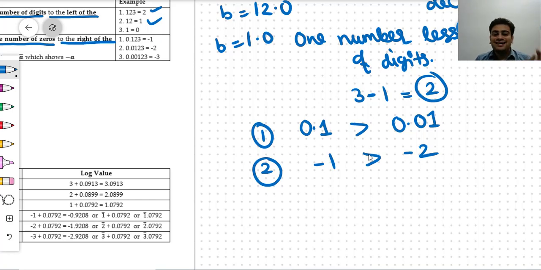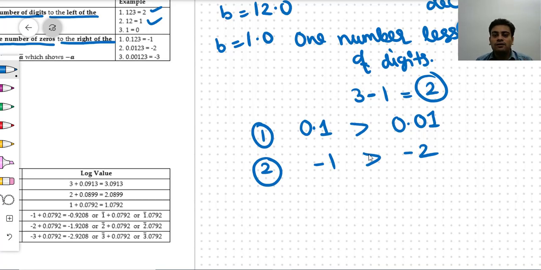So the logic is that whenever a number is between 0 and 1, we need to look at the number of zeros after the decimal point. In the first case, we look at the number of digits to the left of the decimal point, but here we are looking at the number of zeros after the decimal point. The reason is that to the left of the decimal we will only have 0, so we need to look at the number of zeros to the right of the decimal, right?